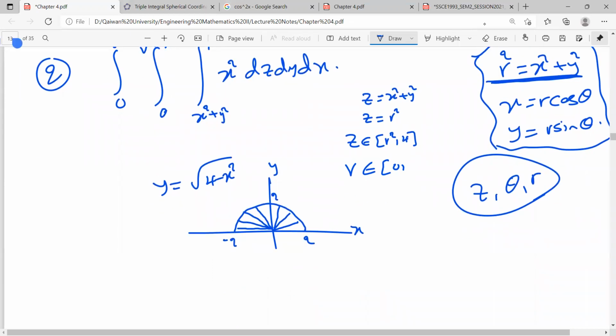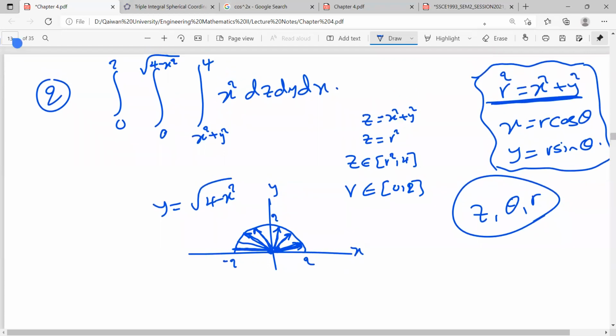R belongs to 0 to 2 because the radius is 2. As you see here, the distance from here to here is 2 units. So starting from the origin means from 0 to 2. So r belongs to 0 to 2.